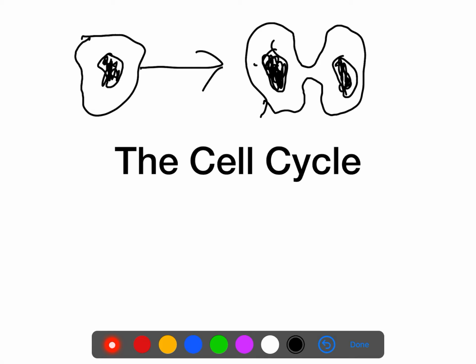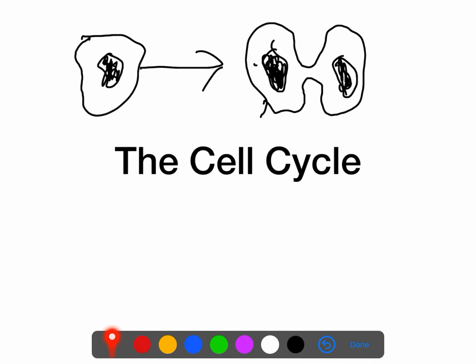And there are a number of different ways that this can happen. But it's regulated, at least in humans and other animals and most plants, by something called the cell cycle.